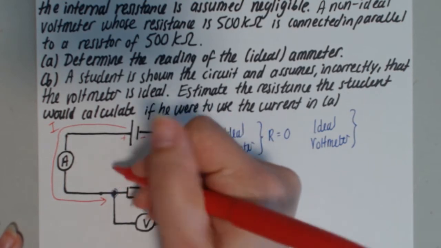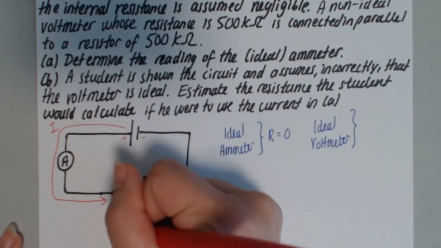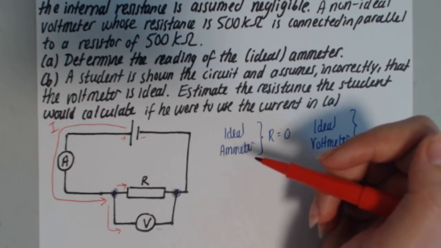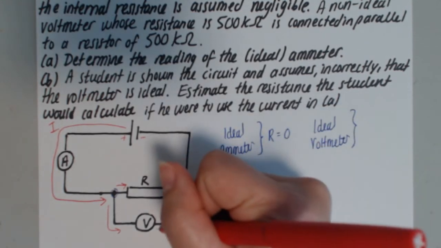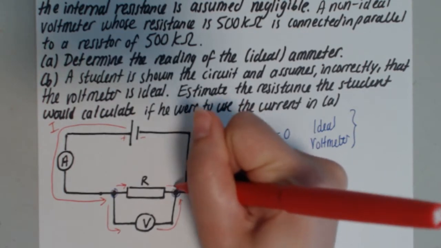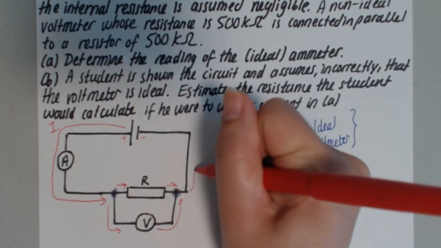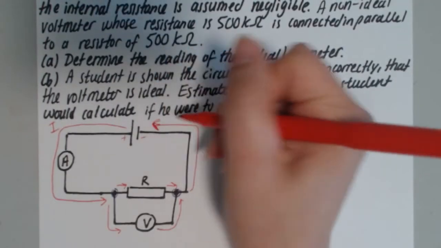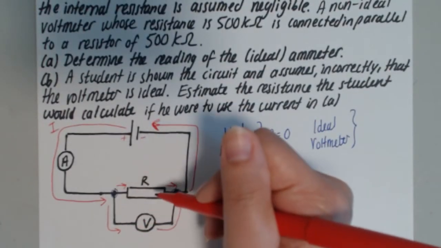When it gets to this junction, it splits, and it splits according to the various resistances. Wherever there's less resistance, more current will go through that. It's just logical. Then the currents meet up at this junction, they merge, and they move back to the battery as the single original current. Now, how much is it going to split by?